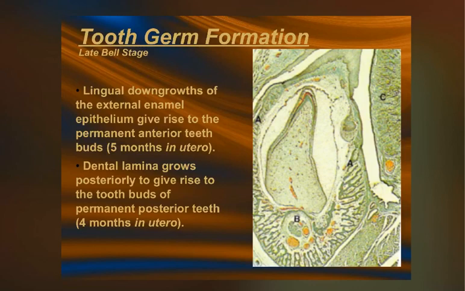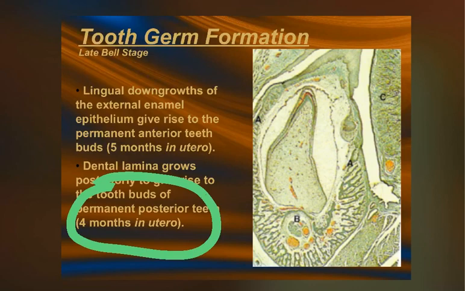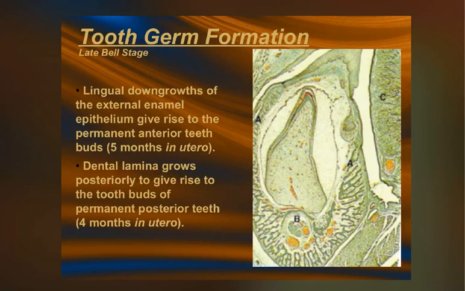So their growth and development is not in association with primary tooth germs. They grow posteriorly around week 16, 4 months in utero. Then the permanent first molar reaches the bud stage at week 20.